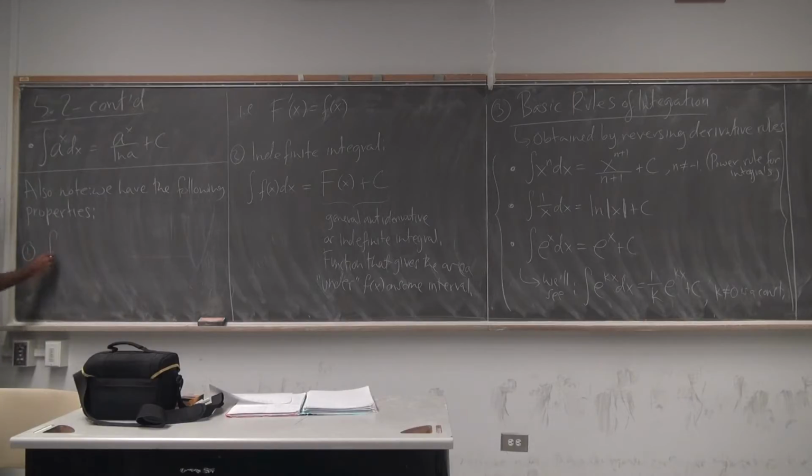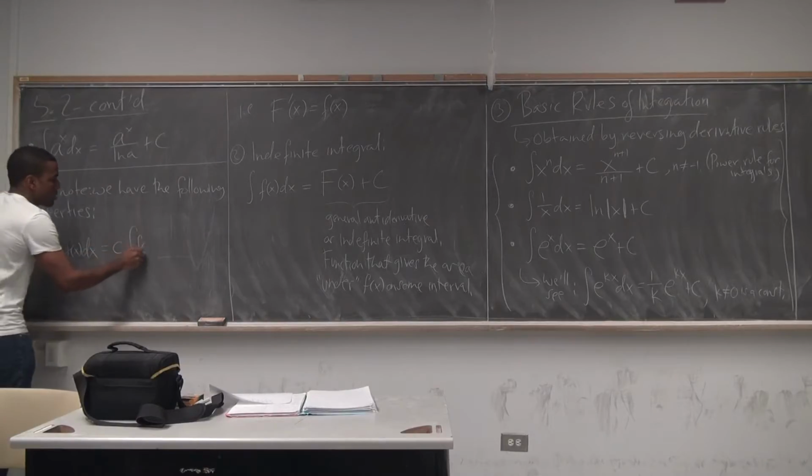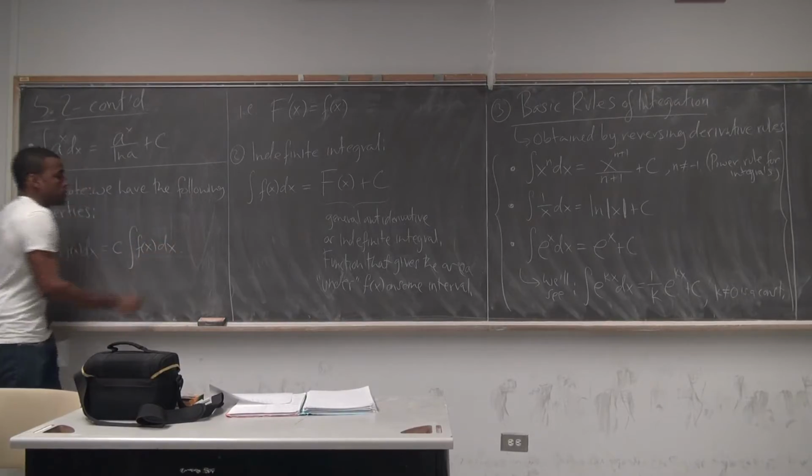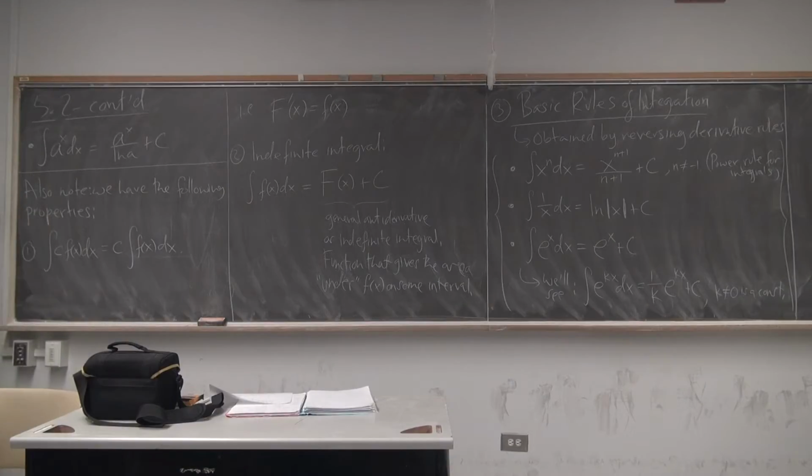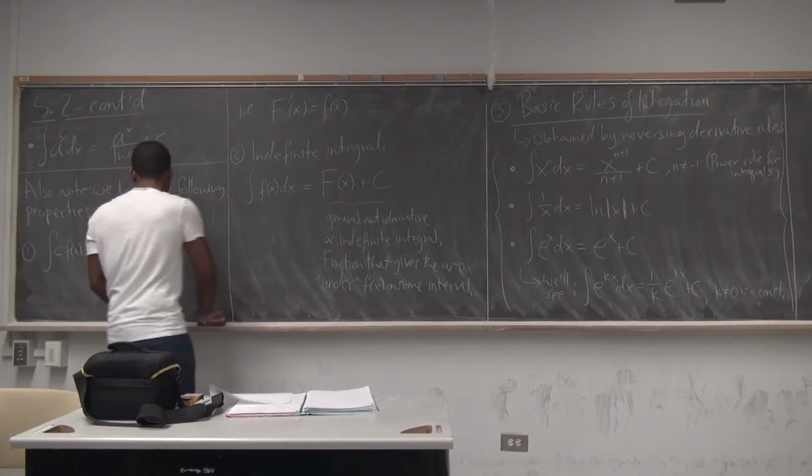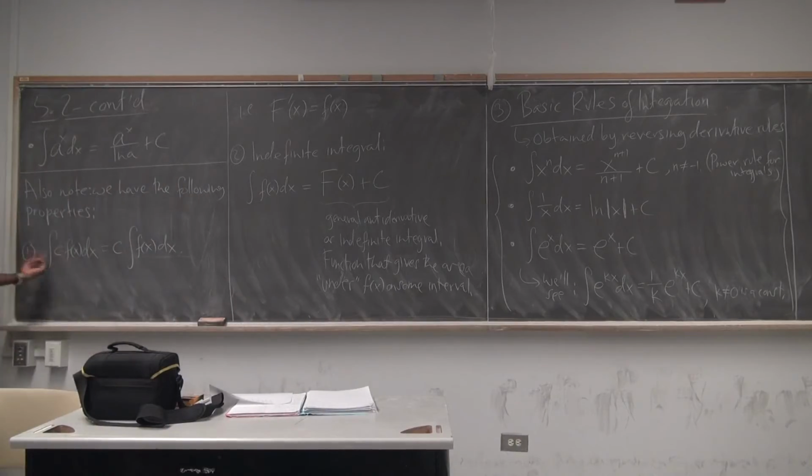Meaning if I take the antiderivative of a constant times a function, it is the same as taking the constant times the antiderivative of the function. So constants I can factor out. There are tons of ways you can see that. Remember that this guy is really a Riemann sum. This is saying every term of the sum has a constant, so you can factor it out of everything. That is one important rule: constants we don't have to worry about. We can always factor them out and worry about applying a basic rule to a more basic function.